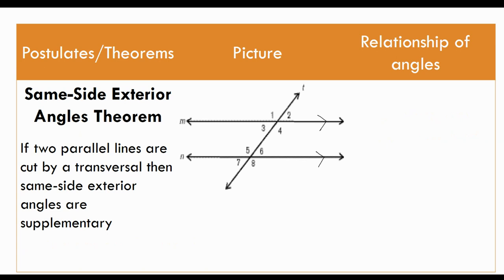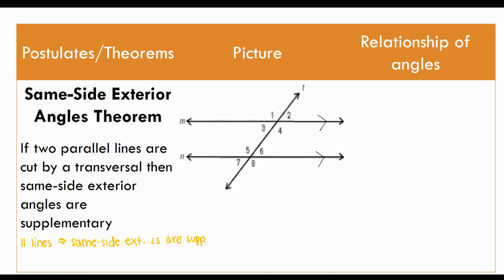Okay, so here's our last theorem, same side exterior angles. So if two parallel lines are cut by a transversal, then same side exterior angles are supplementary. All right, so parallel lines starts us off. And then we have same side exterior angles are supplementary.